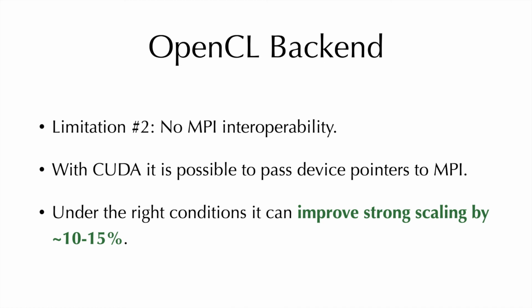And under the right conditions, with the right MPI library at the right level of strong scaling, this can sometimes improve performance by 10-15%, both by avoiding the need for costly host-to-device copies, by allowing the device to directly exchange data with an InfiniBand adapter, or do direct peer-to-peer transfers, which can not only bypass the host, but in certain high-end scenarios can use something like NVLink to directly bypass the PCI Express bus completely.